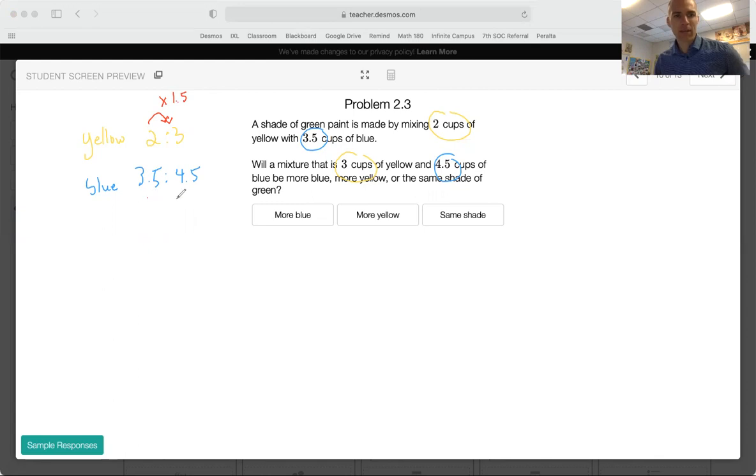But 3.5 times 1.5, if you were to do that in a calculator, or in your head, I think you would find that that's more than 4.5. This is less than a 1.5 ratio. We're adding 1 to 3.5.